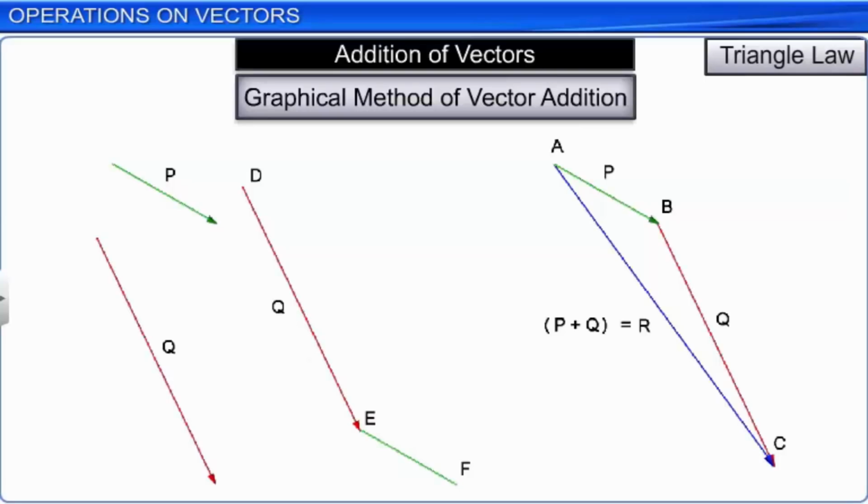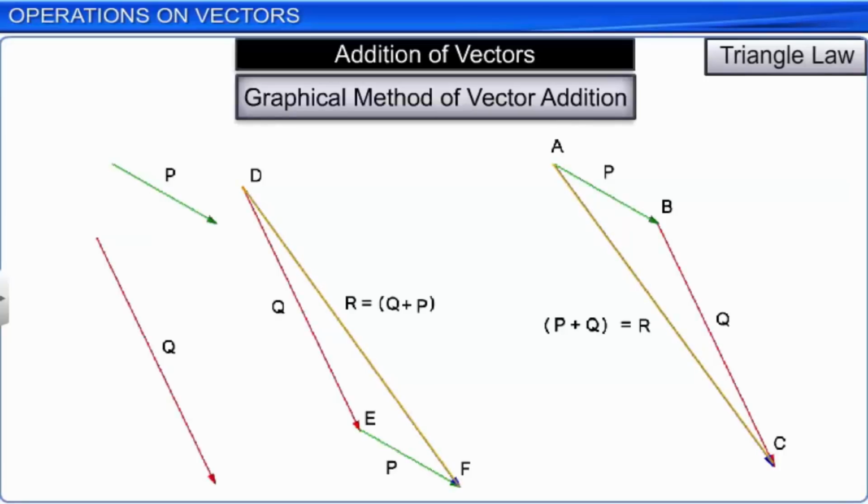DF is vector R obtained by adding Q and P. Here, vector R obtained by adding P and Q is the same as obtained by adding Q and P. This vector addition is the commutative property of vectors.